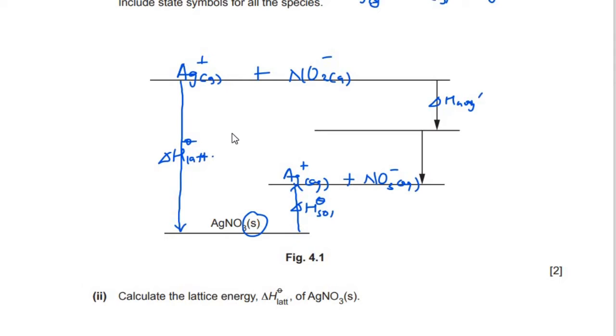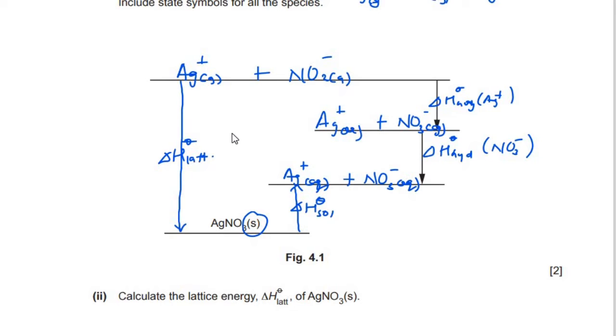Then the silver ions change to aqueous form, but the nitrate ions remain in the gaseous form initially, because both these hydrations cannot go together. And in the second step you can write hydration of the nitrate ions. That's the second step, where the nitrate ions from the gaseous form change to the aqueous form.